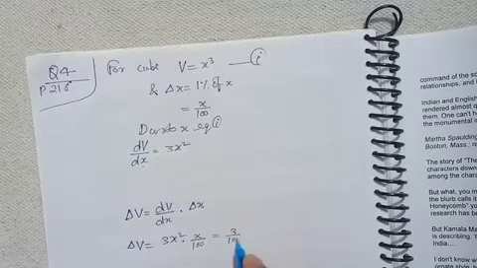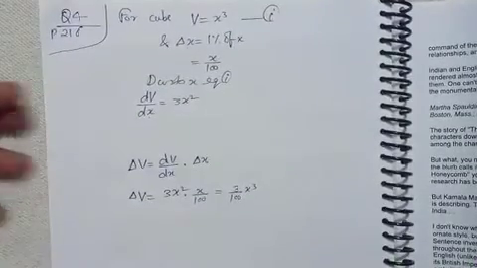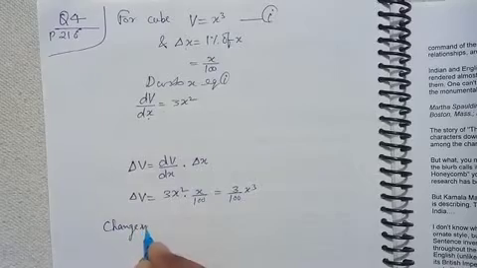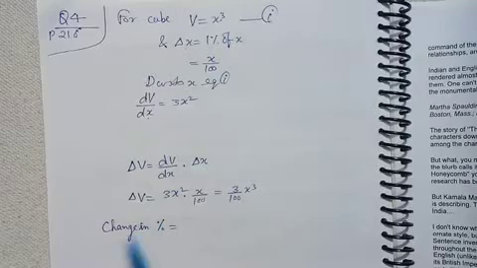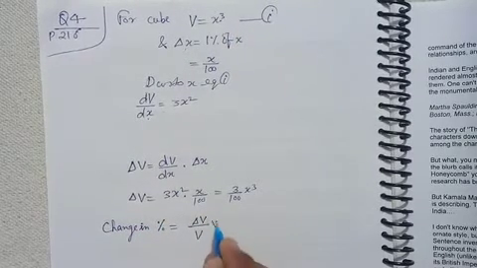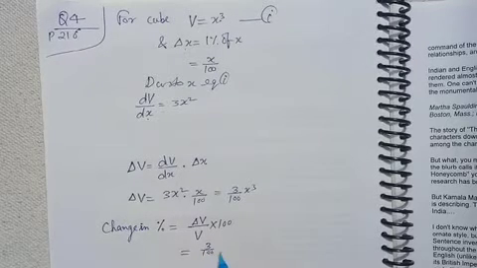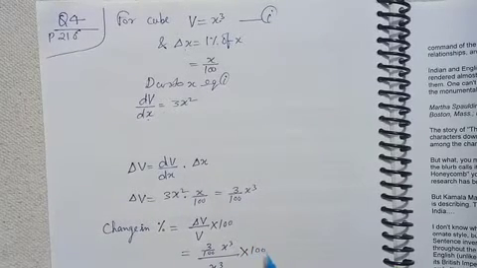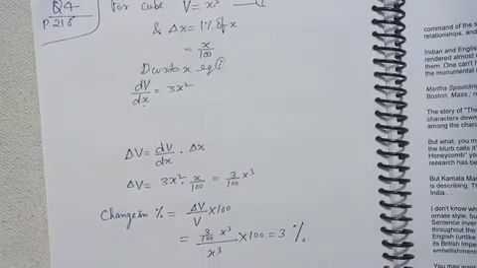It means this is 3 by 100 x cube. This is change in volume, or change in percent, as change in side is given in percent. So change in percent is delta V upon original V multiplied by 100. It means 3 by 100 x cube upon x cube into 100, that is 3. It means volume will be increased by 3%.